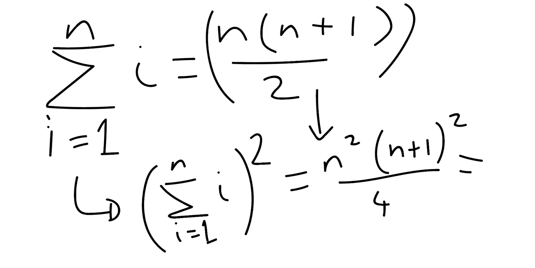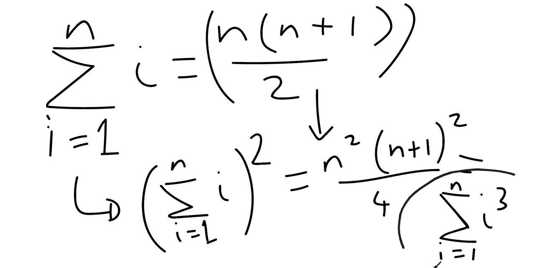And it turns out that this actually equals the summation from i equals 1 to n of i cubed. So that's pretty neat, I think. If you square this, you get this. That's pretty interesting.